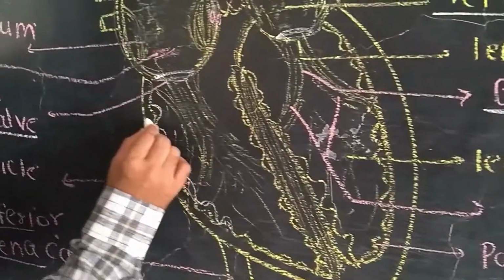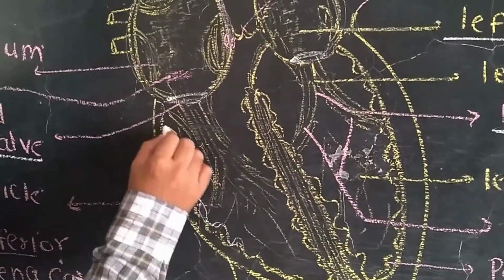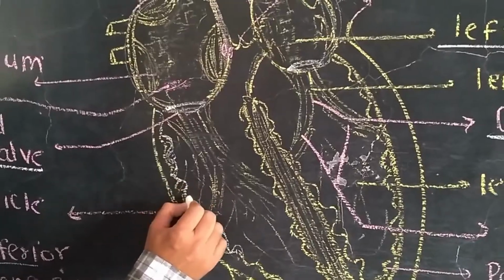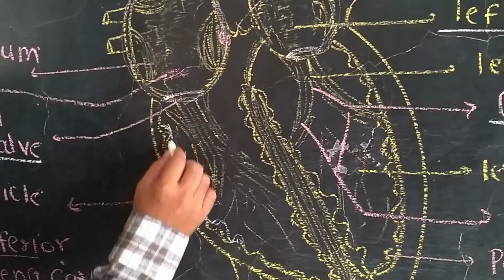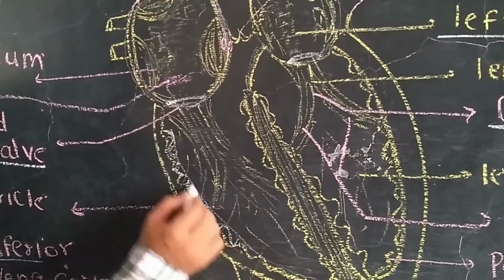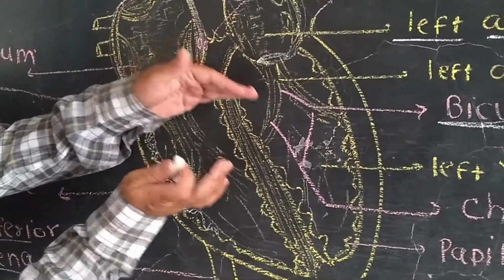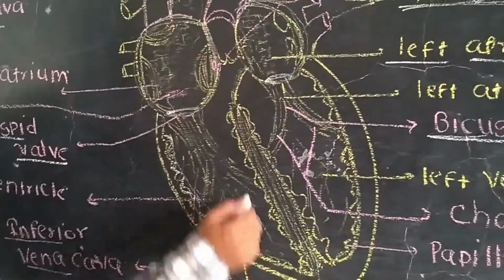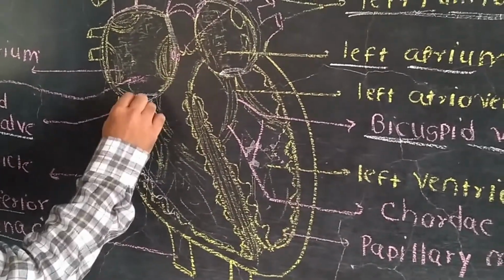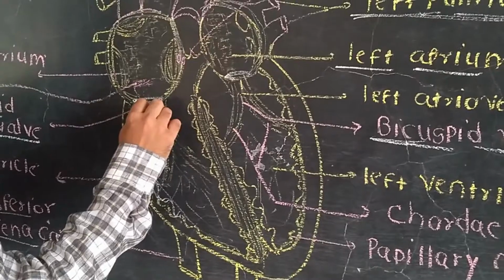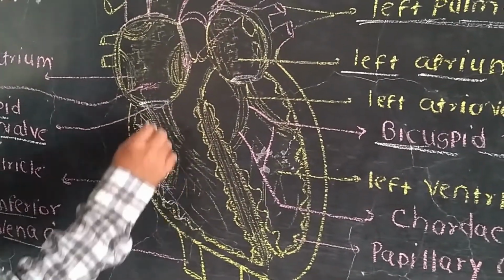These ridges and furrows form small pockets, and due to them the surface area of the ventricle increases, so a larger amount of blood can be stored in the ventricles. Then certain elastic fibers are attached to the wall of the ventricles.